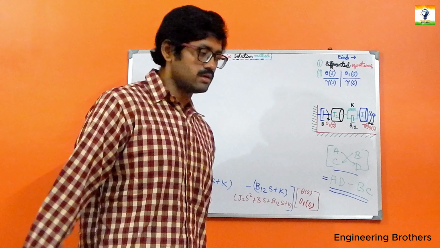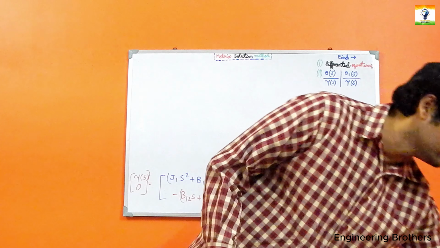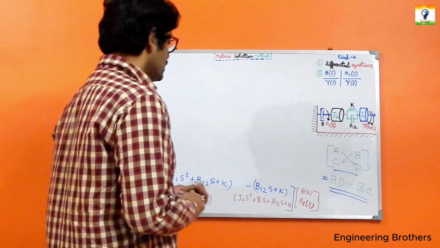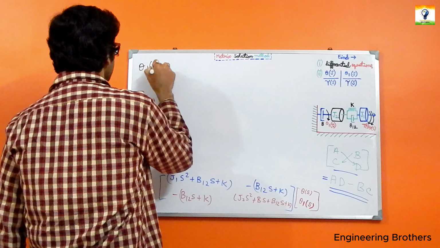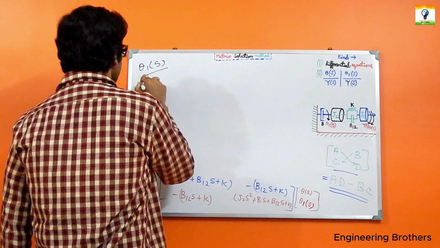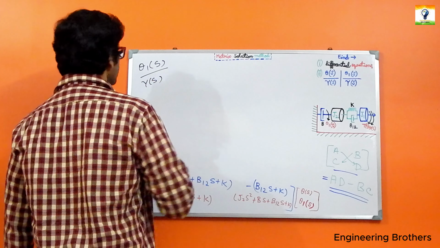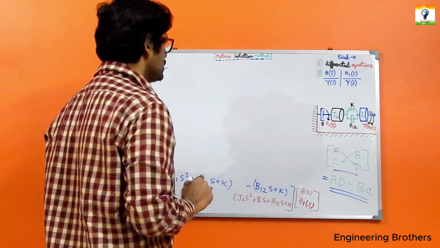From that portion, we need to find out theta 1 s, because ultimately we are aiming to have the transfer function ratio which is theta 1 s by tau s. How do we get the expression for theta 1 s?